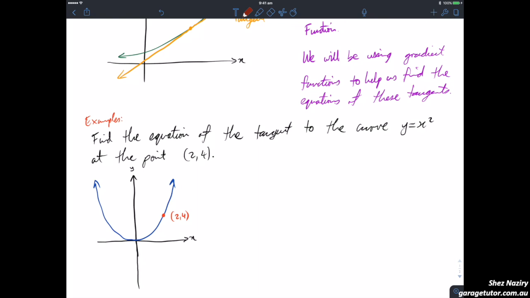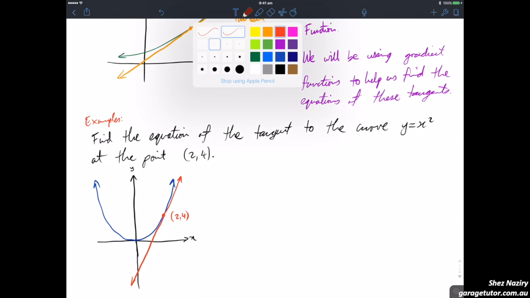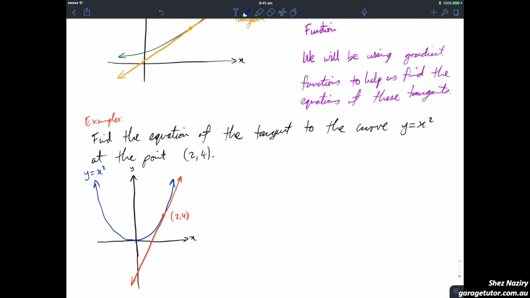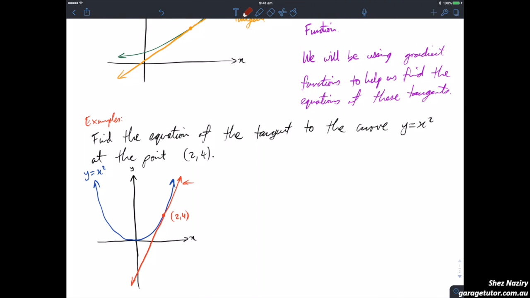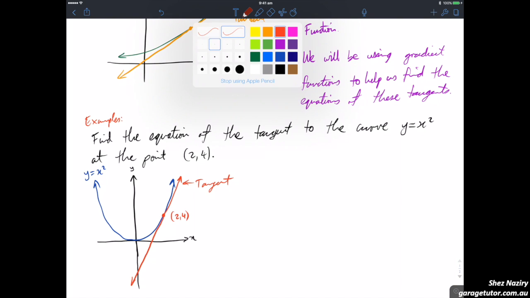So we want to find the equation of this red line here. Does that make sense? So the blue line is y equals x squared, and the red line is our tangent. And this is what we want to find.